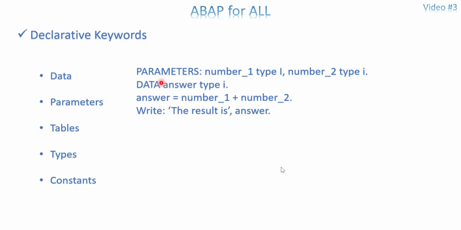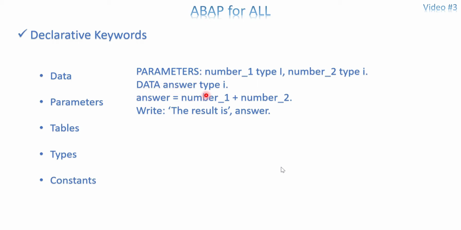So I used the data keyword. As a simple reference, I can say input variables are declared using parameters, and output variables, within the program, are declared using data. Just for reference, I'm saying. So input and then output. Here data is not only for output, but for other manipulations as well. So the answer is under the data keyword.